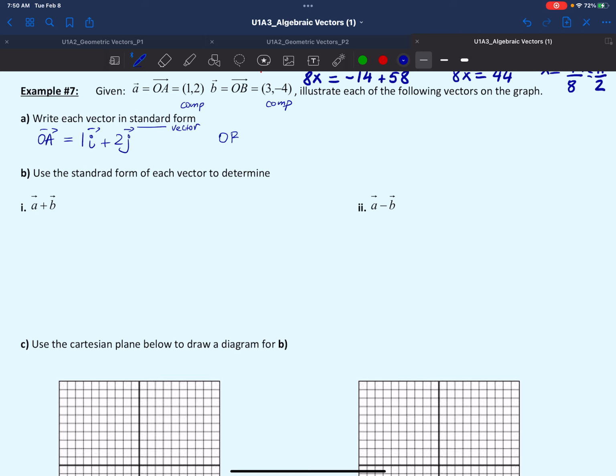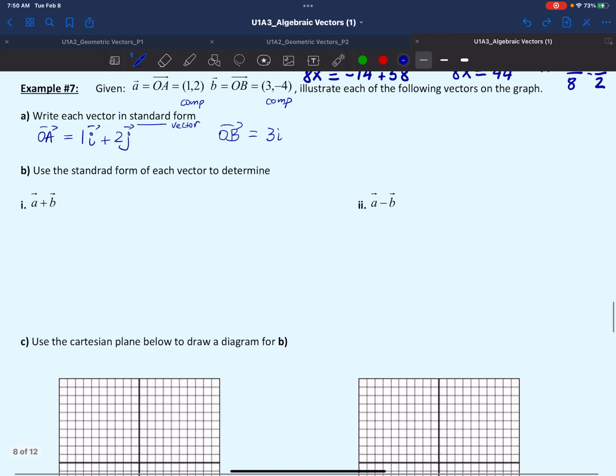Vector OB, on the other hand, is 3i plus negative 4j, which is minus 4j. Don't forget the vector symbol on top. Now we have to use the standard form of the vector to determine a plus b. So in other words, a plus b would be OA plus OB.